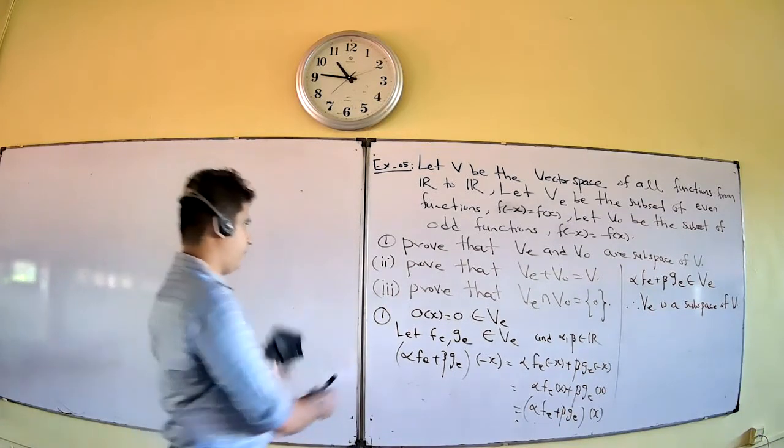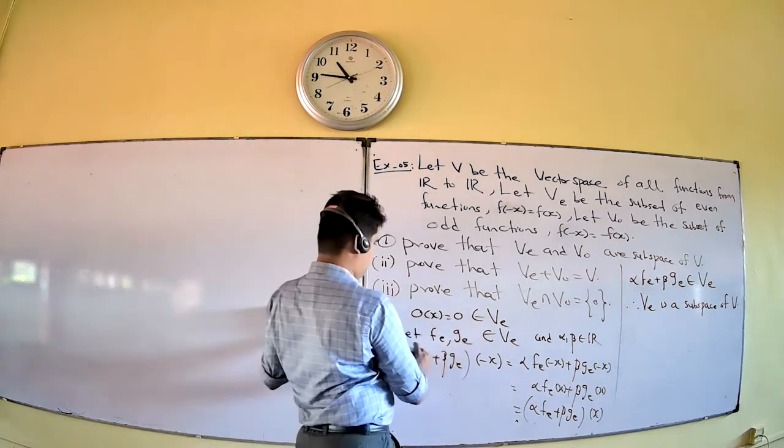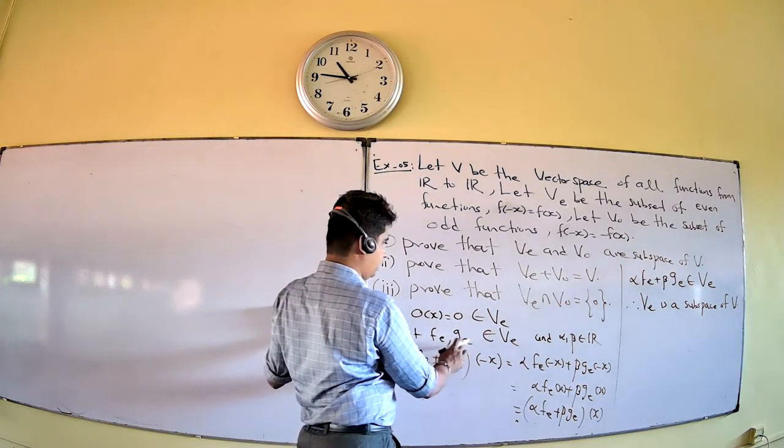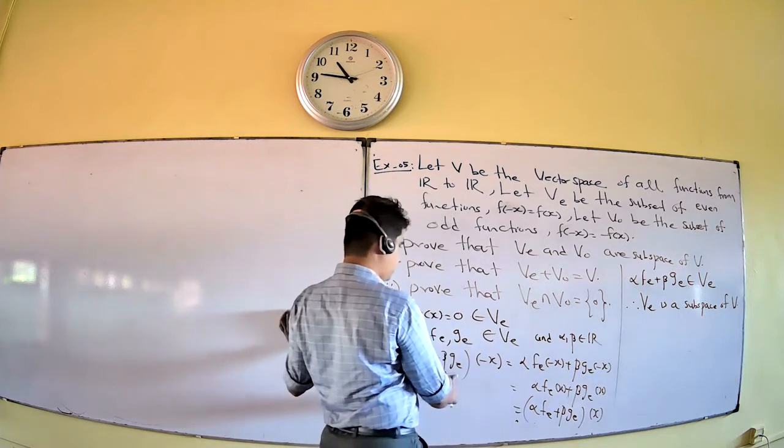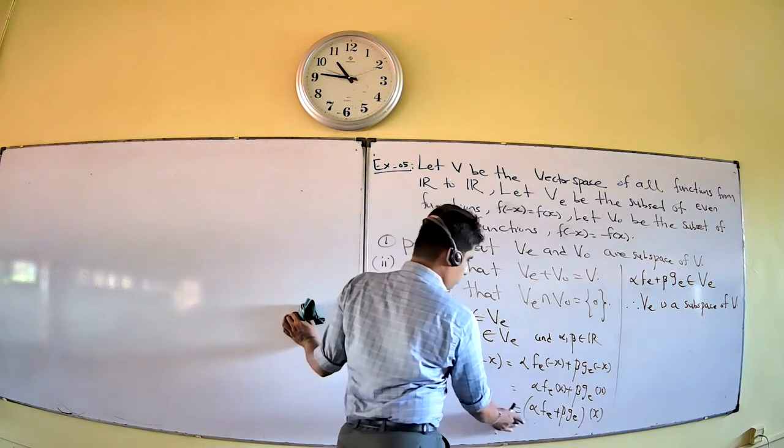Okay, therefore the zero function belongs to V_E. You take f_E, g_E belong to V_E and alpha, beta belong to the real numbers. Then alpha f_E + beta g_E of minus x equals this one.